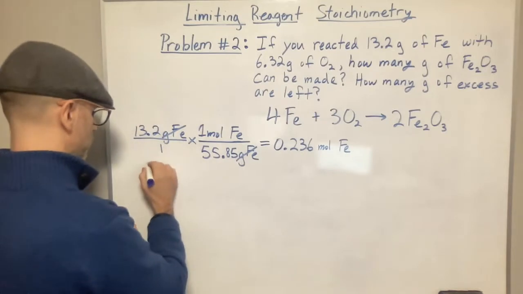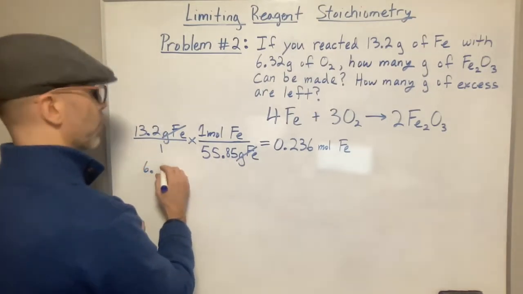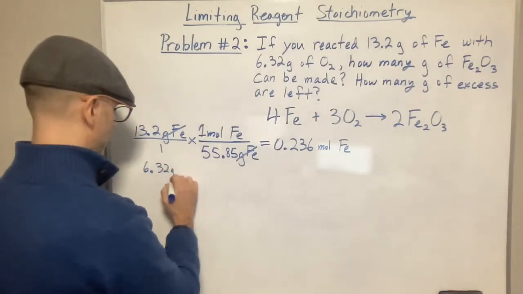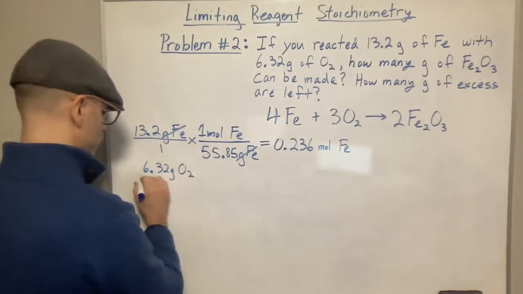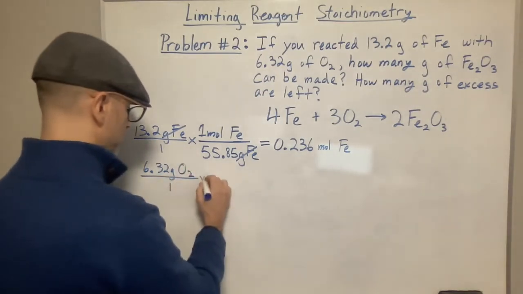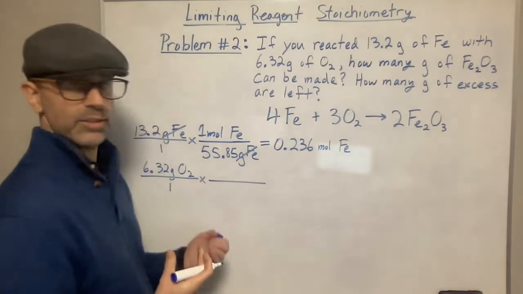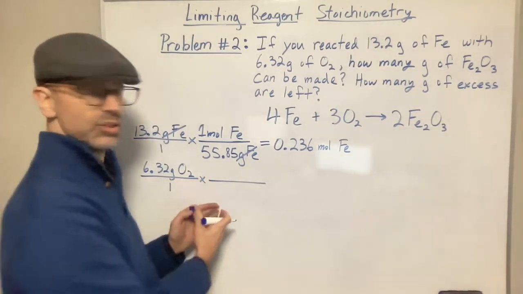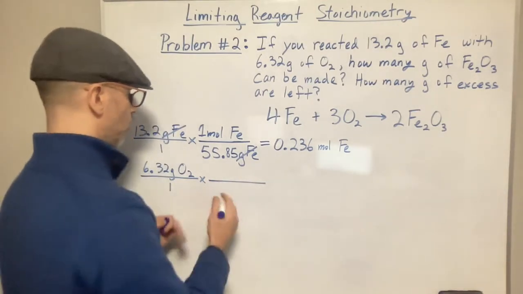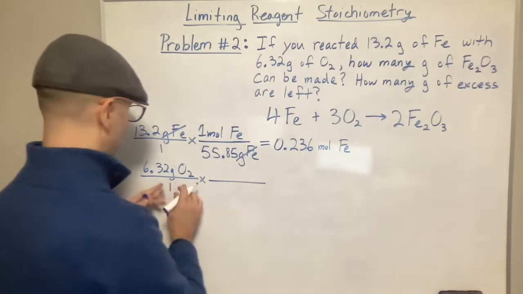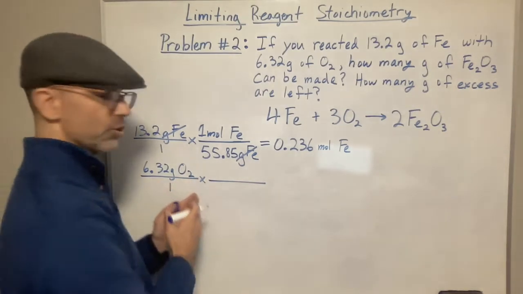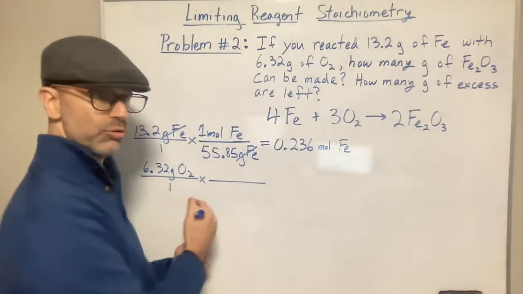And then I do the same thing with the amount of oxygen. So I take 6.32 grams of O2 over 1. And then I'm going to use the molar mass to convert grams of oxygen to moles of oxygen. O2 is going to be 32 grams.